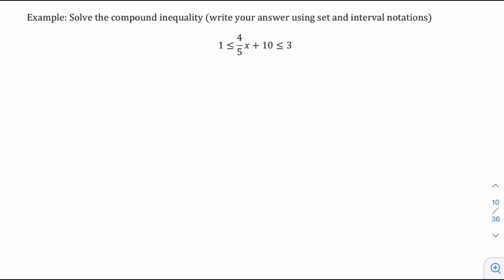To do that, let's multiply everything by the bottom of this fraction, so 5. 5 multiplies everything. So that's 5 times 1, 5, less than or equal to 5 times 4/5, cancel 5, so that's just 4x, plus 5 times 10, 50, less than or equal to 5 times 3, 15.